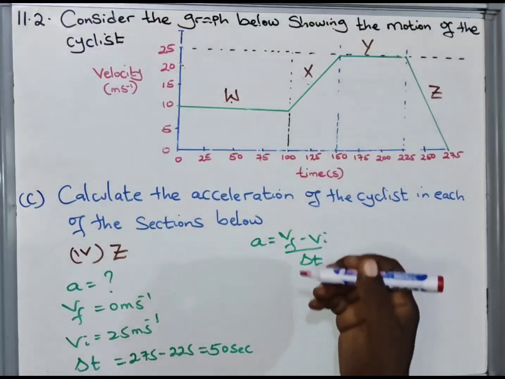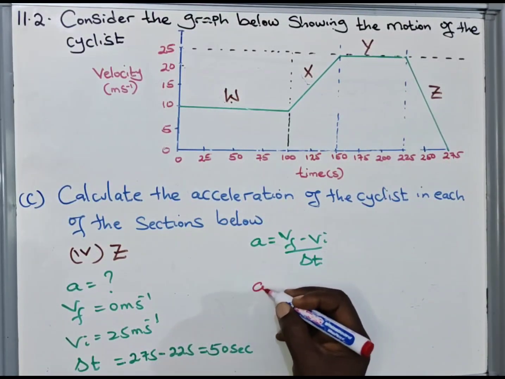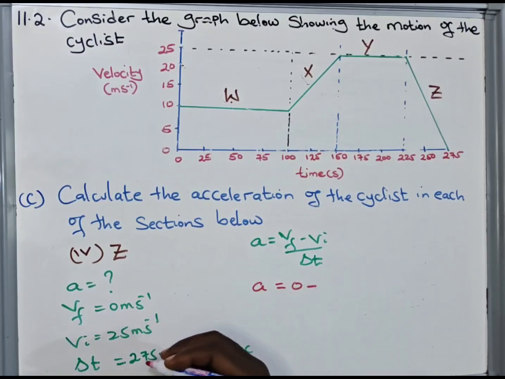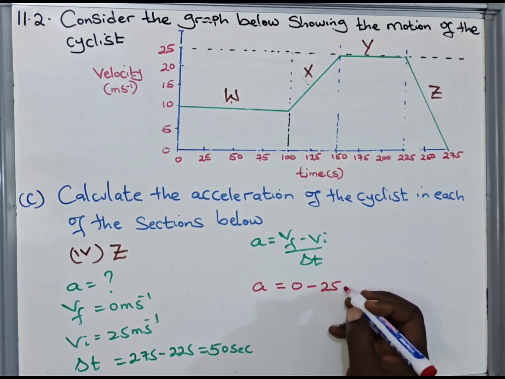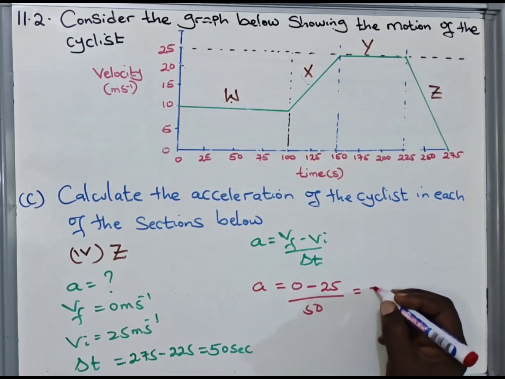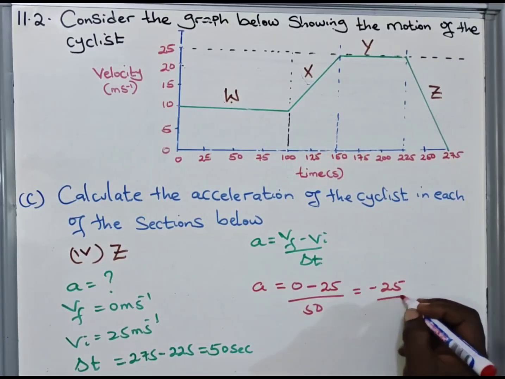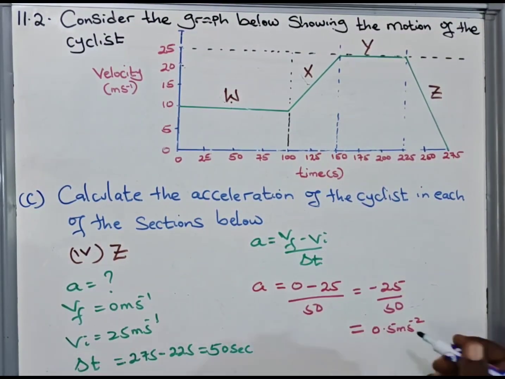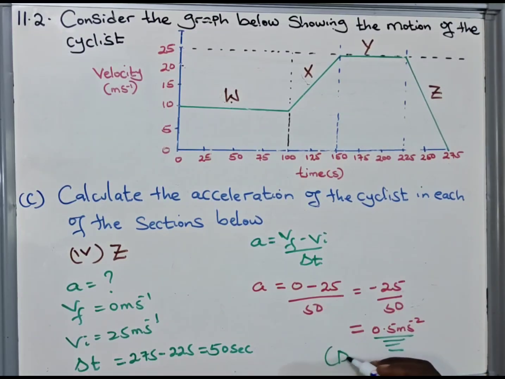Next, we substitute. Acceleration equals final velocity, which is 0, minus initial velocity, which is 25, divided by change in time, which is 50, giving you negative 25 over 50. This will give you negative 0.5 meters per second squared. And negative acceleration, we call it deceleration.